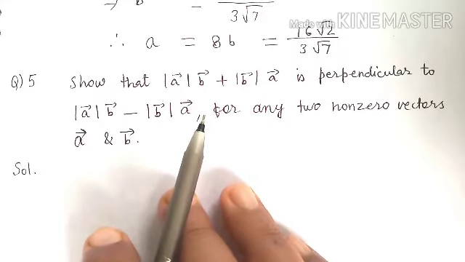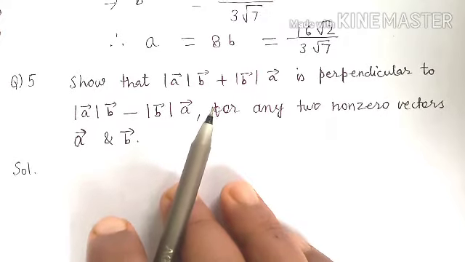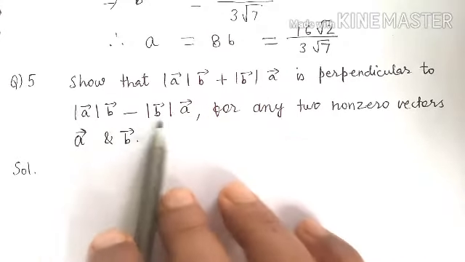This implies that cos theta is 0, so theta is equal to 90 degrees. That's why this vector is perpendicular to this one.